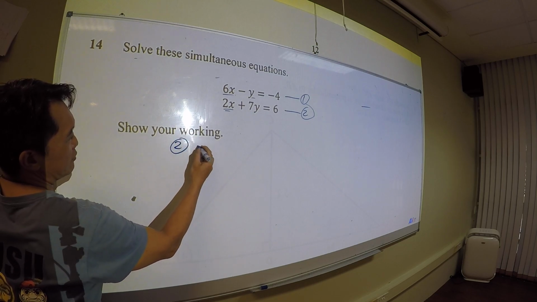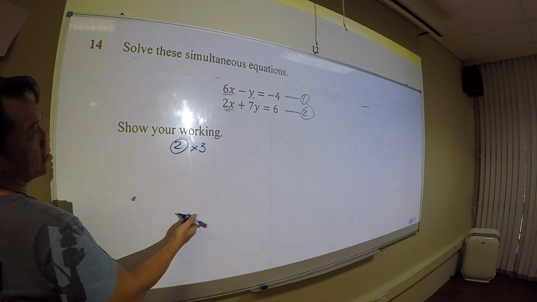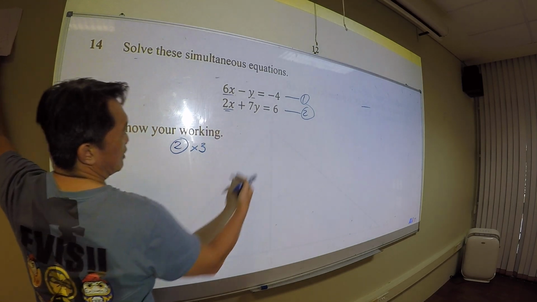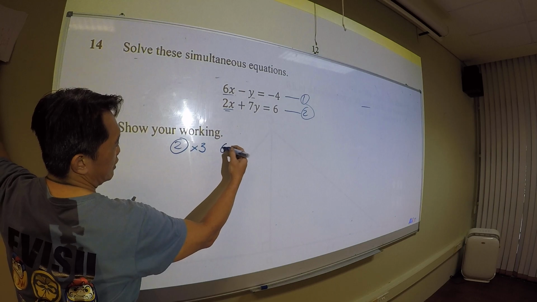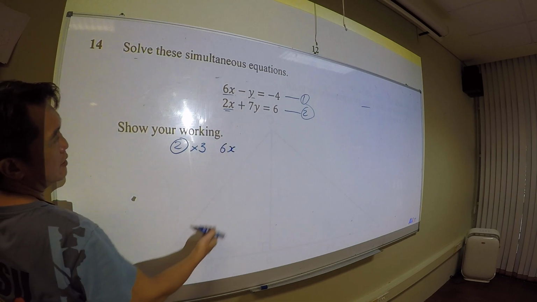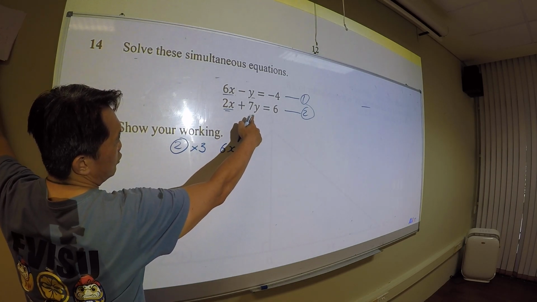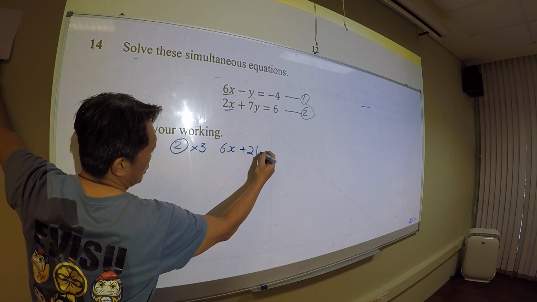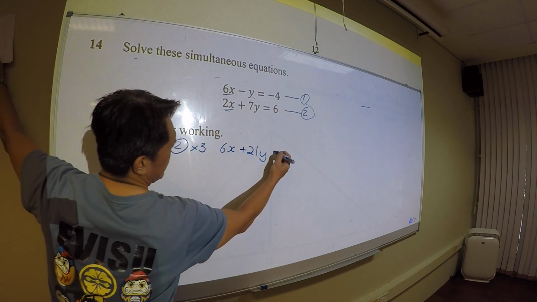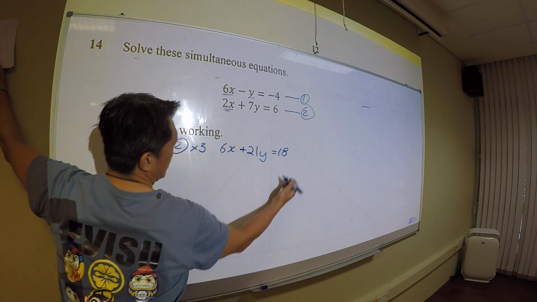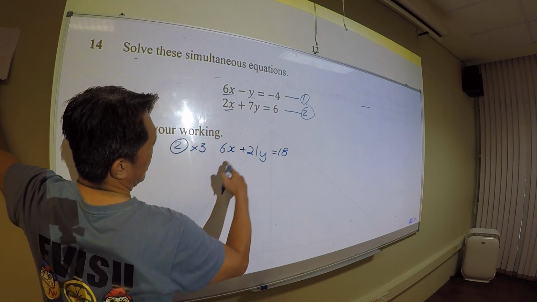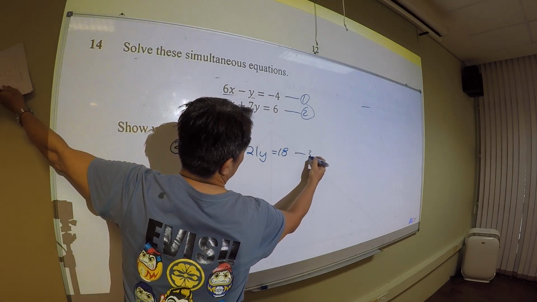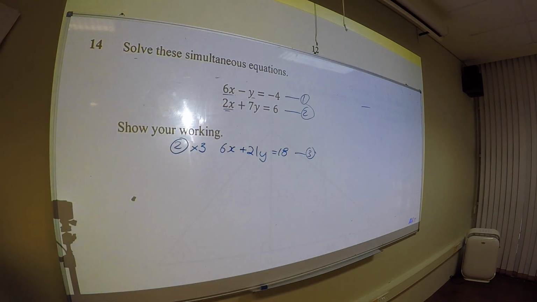If I multiply equation 2 by 3, everything I multiply by 3 in equation 2, 2x multiply 3, I will have 6x. Positive 7y multiply 3, I will have 21y. 6 multiply 3, I will have 18. So my equation 2, I multiply 3 to everything, I will have this. Let us call this equation 3.